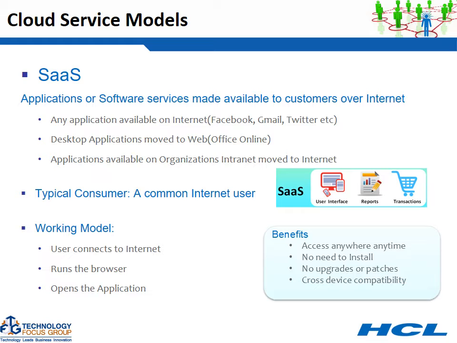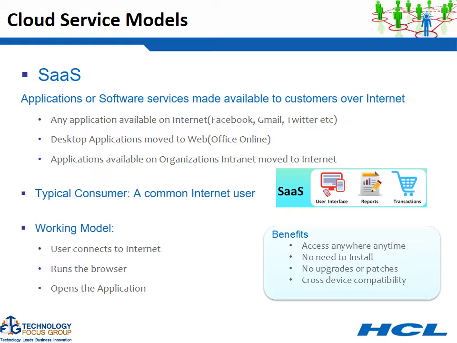Nowadays many of the desktop applications have been moved to the web. For example, Office on the web. Organizations can use the SaaS model services to move their applications that were earlier hosted in their intranet system and move them to the internet.